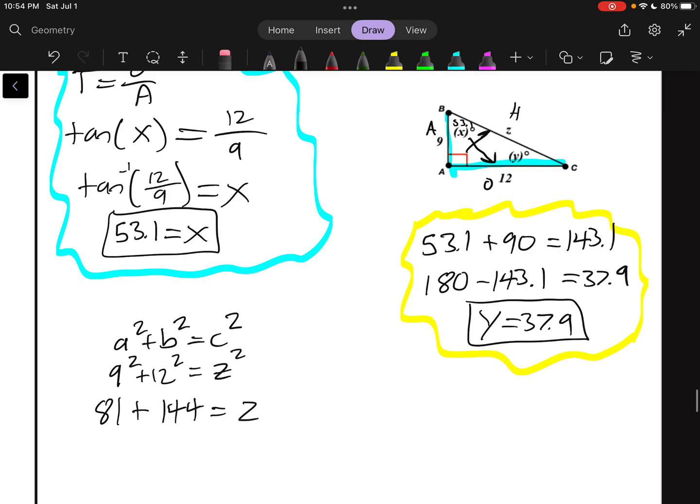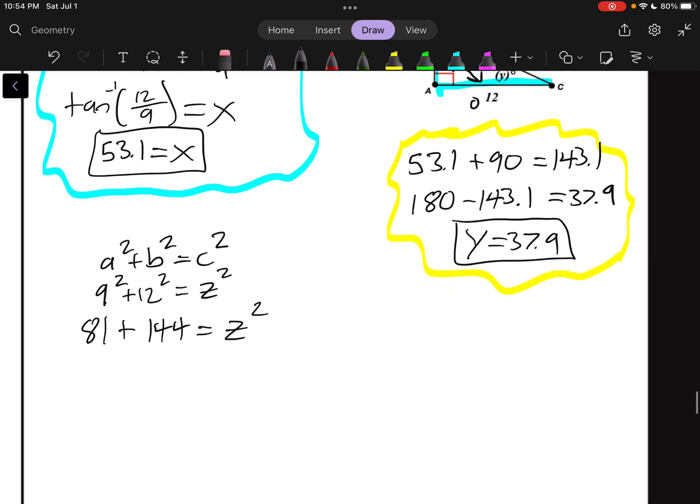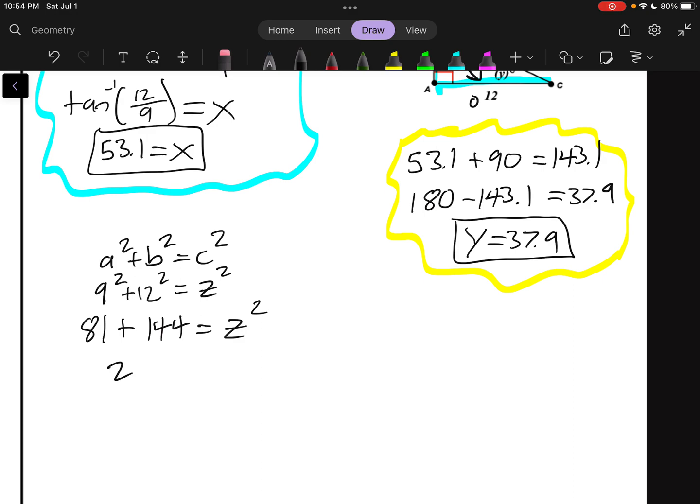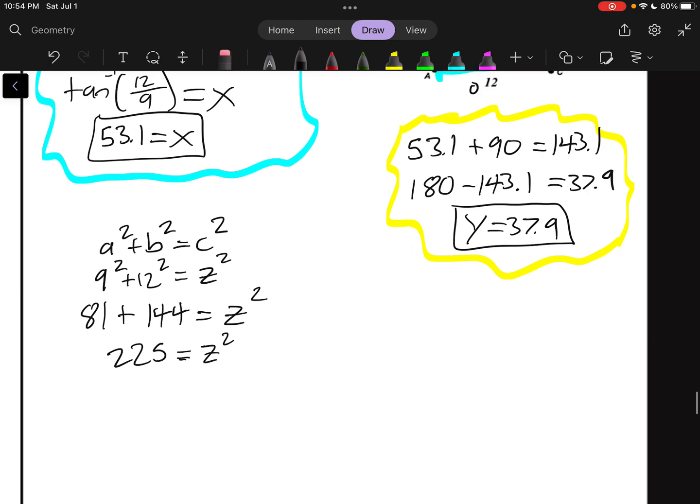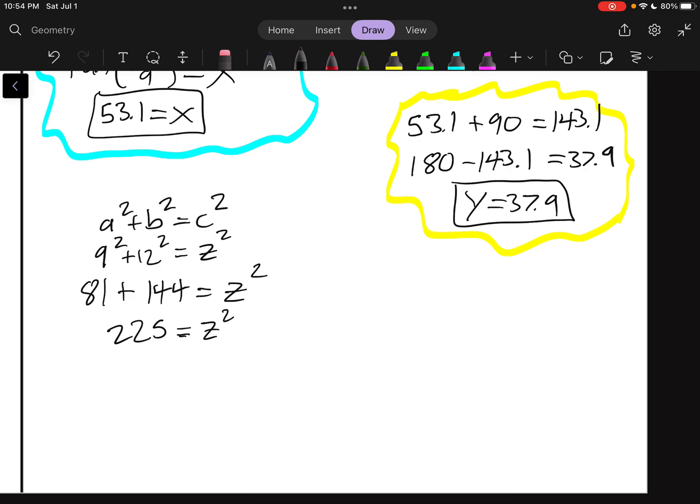That's all equal to z squared. 81 and 144 is 225. I don't know why I wrote 222. 225 is equal to z squared. Sorry, my z's look like 2, so I put the little line through it. And then I take the square root. Take the square root of that, and I should get that z is 15.